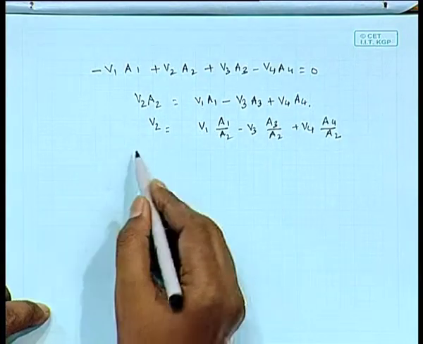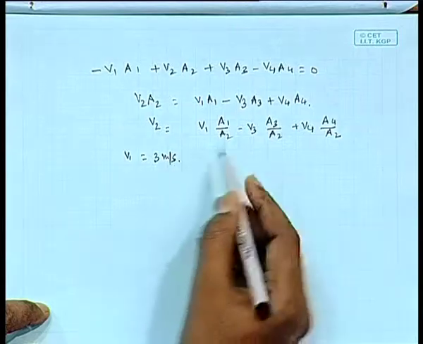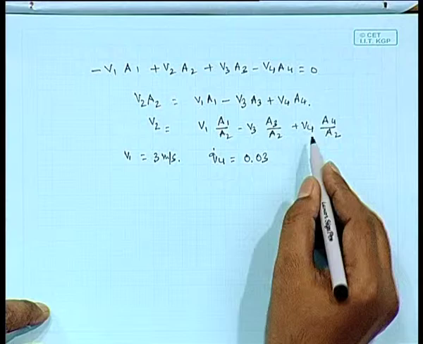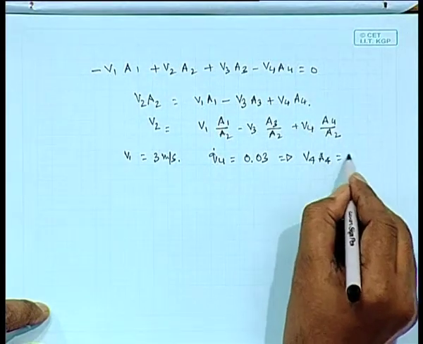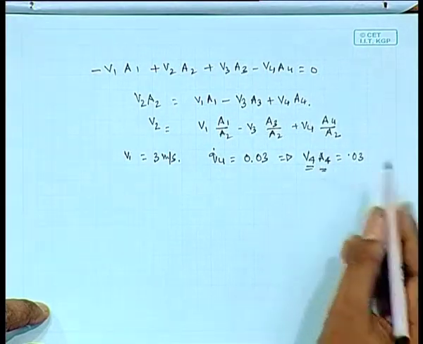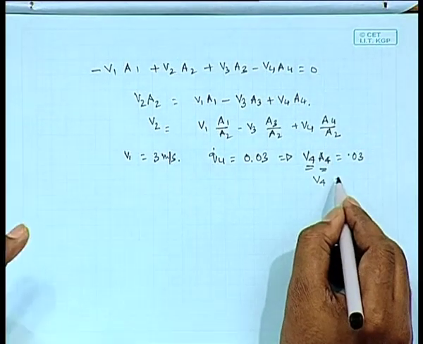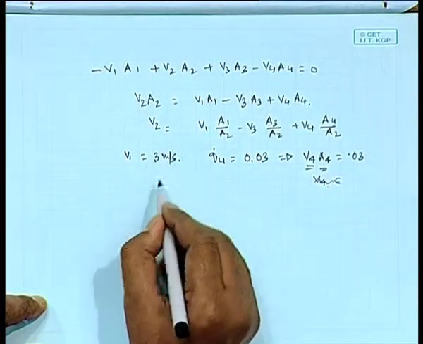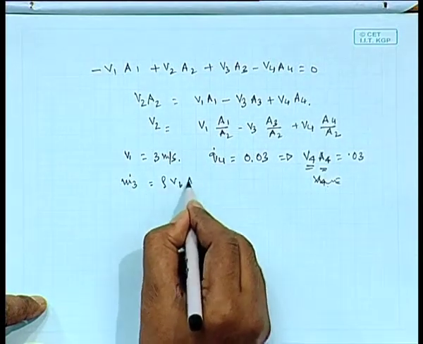Now, the various quantities are known. You know V1, that is 3 meter per second. You know Q4 dot, the volumetric flow rate, which is nothing but V4 A4, right. This is volumetric flow rate, velocity times area. Since area A4 is given, you can find V4, and you can directly substitute. Okay. M3 dot is nothing but rho V3 A3.